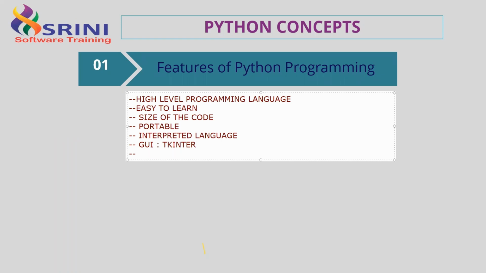Can we communicate with a database through programming? Yes. Through Python, can we design database programming? The answer is yes. If you write the program using Python, can we communicate with Oracle?